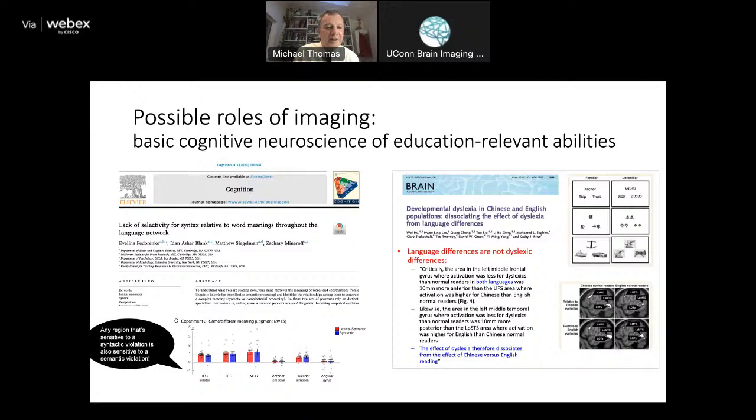There was a paper I was reading the other day that I was quite fond of that demonstrated that you couldn't find language areas in the brain that were sensitive to syntactic violations that weren't also sensitive to semantic violations in sentences. And there was an argument here that there are no syntax-specific areas in the brain, which is going to annoy some Chomskyians, right?